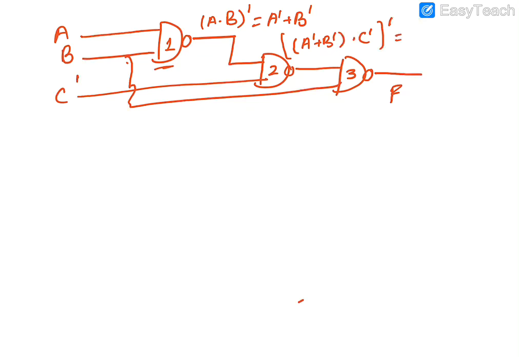This is equal to (A prime plus B prime) whole prime plus C. Using De Morgan's law again, A dot B plus C.